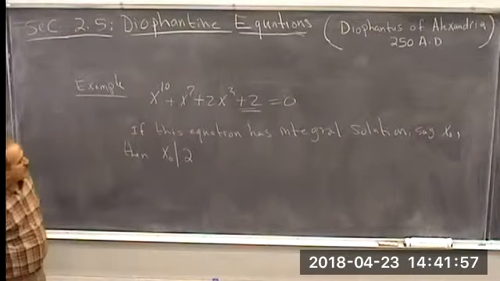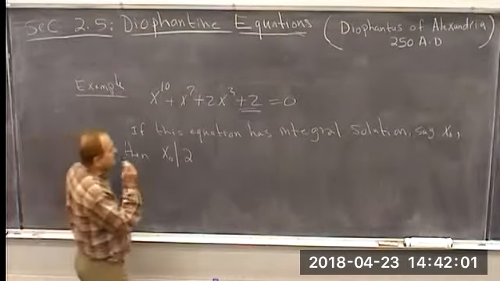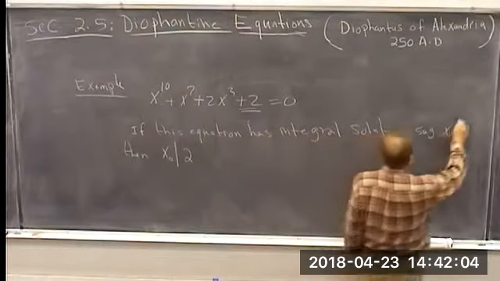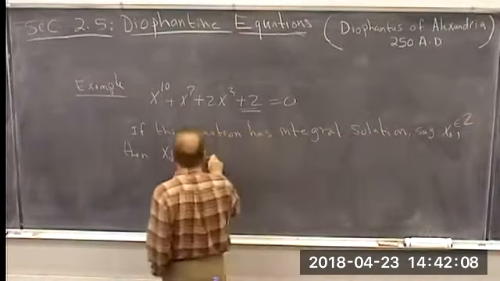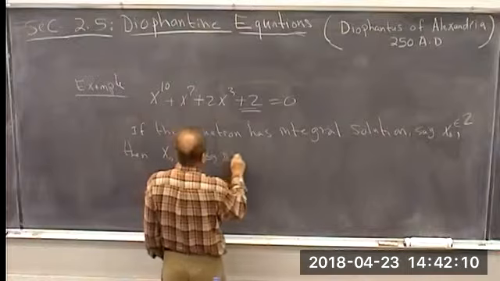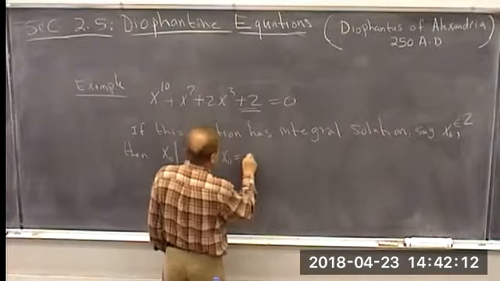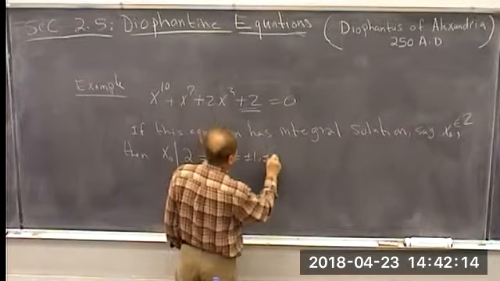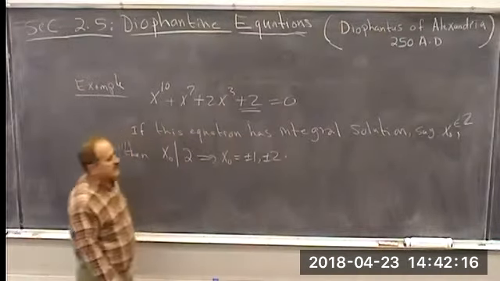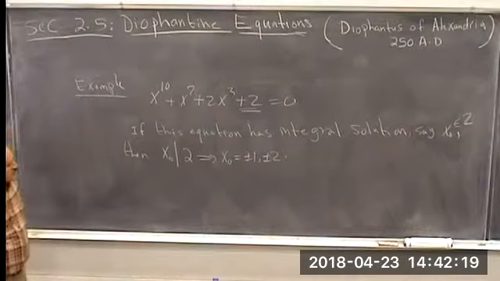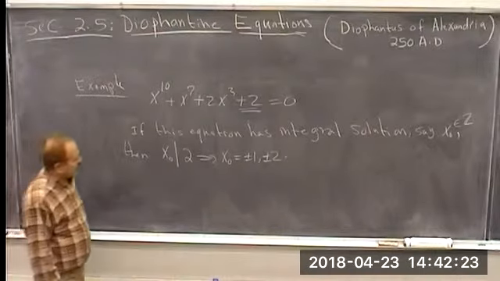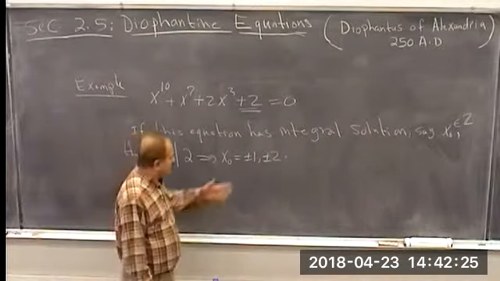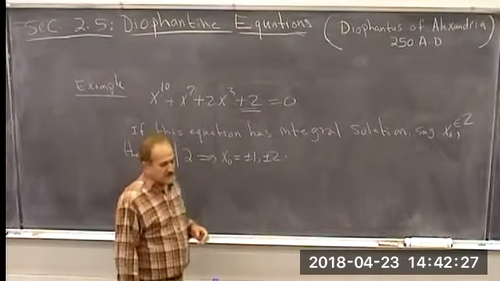Of course, this x sub 0 is going to be an integer. So what are the divisors of 2? This implies x sub 0 is equal to plus or minus 1, plus or minus 2, because these are the only divisors of 2. The only way we could write 2 as the product of an integer and an integer is this.